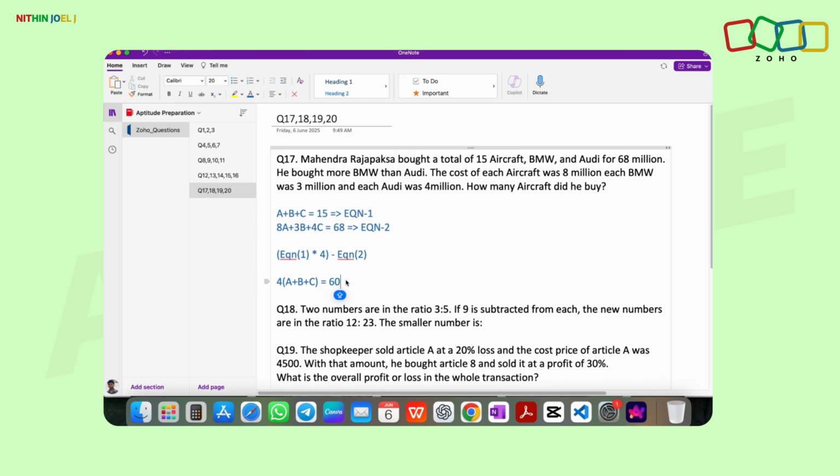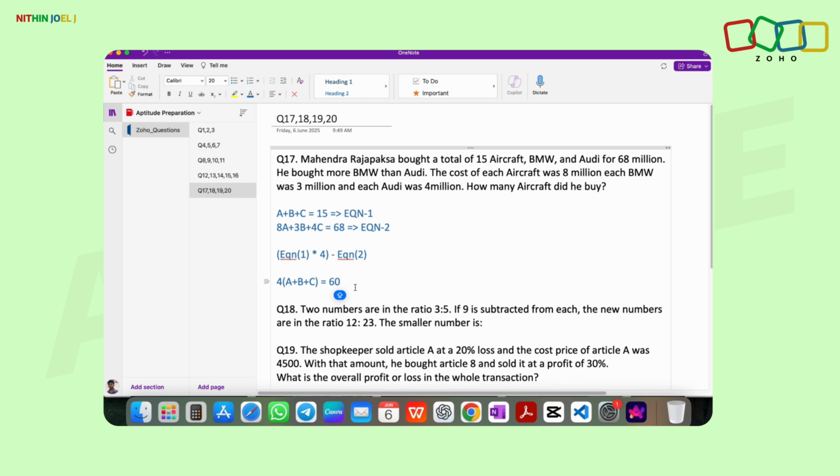Since multiplying 15 with 4 gives 60, which is nearest to 68, I'm multiplying it with 4. Based on this nearest number, you can pick a value which gives an answer nearest to equation 2. So now we got 4 into a plus b plus c is equal to 60.